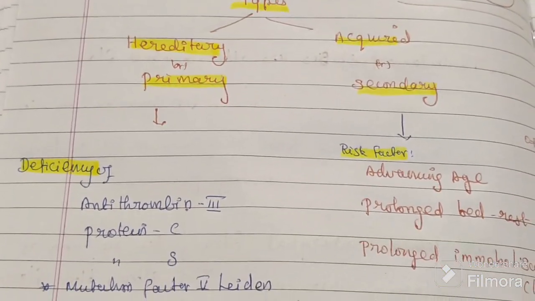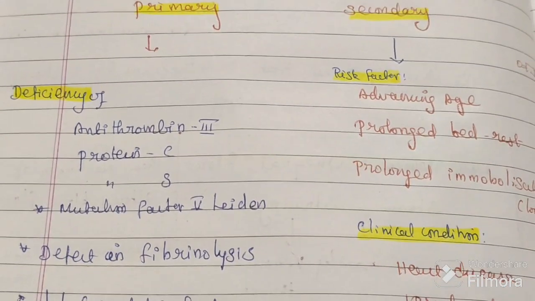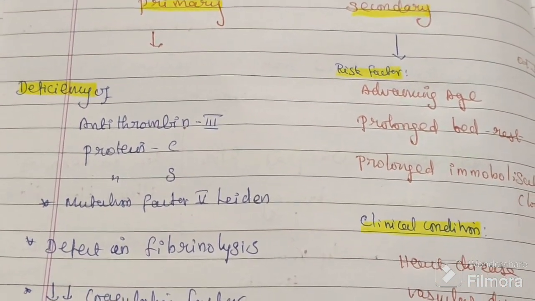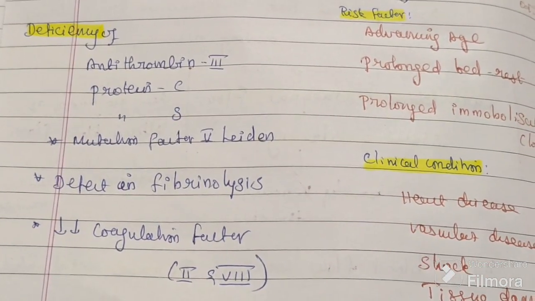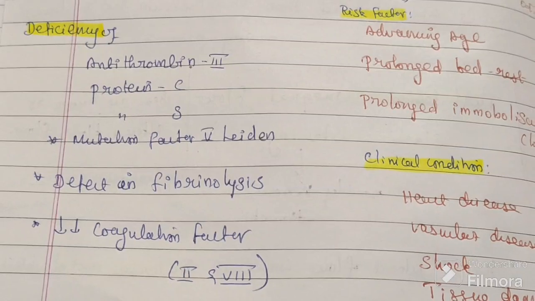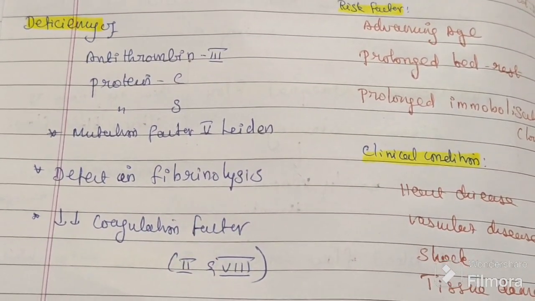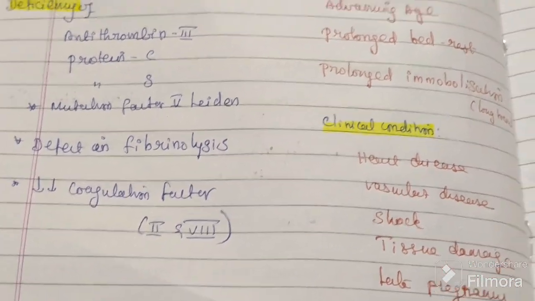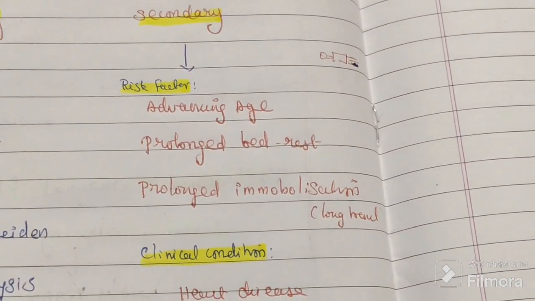What are the examples of hereditary? Antithrombin 3, protein C, protein S, mutation factor 5 Leiden, then defect in fibrinolysis, then decreased coagulating factors 2 and 8. Then what are the acquired factors? Risk factors: aging.